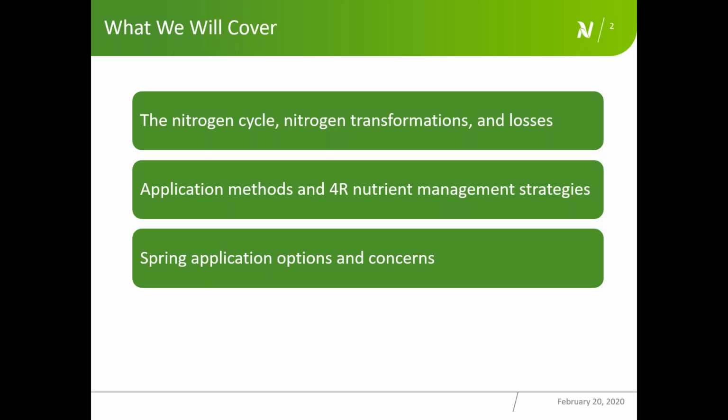These, I think, are important to understand in order to do the best job with our nitrogen. If we can better understand how nitrogen behaves in the soil, we'll be better able to pick appropriate management practices. Then we'll talk a little bit about application methods and some of the 4R nutrient management strategies, how to prevent those losses and get the most out of this important input.